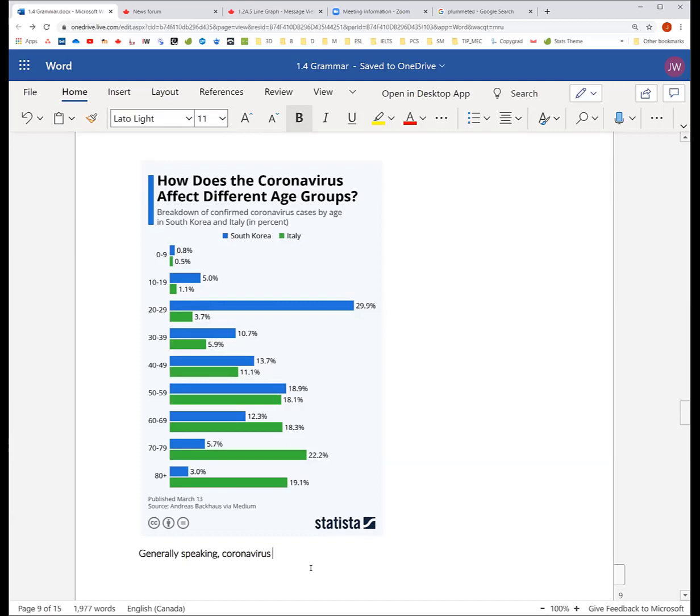While in Italy, the group of people aged 70 to 79. The grammar is a little bit off.